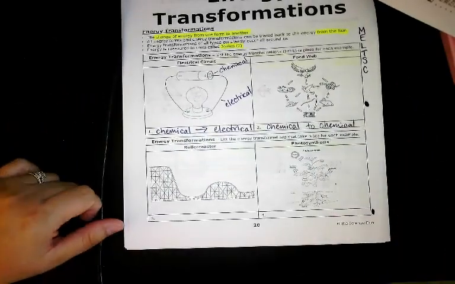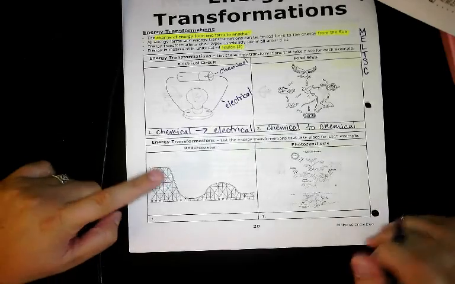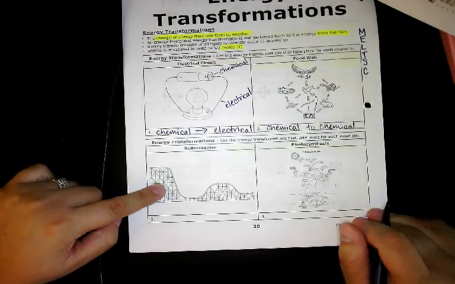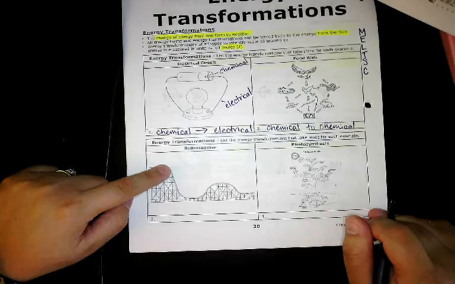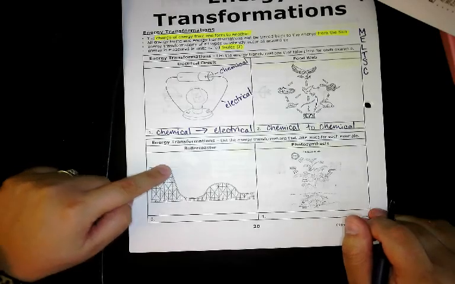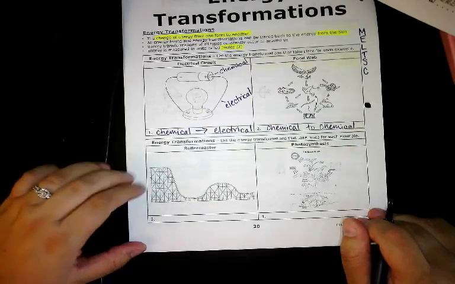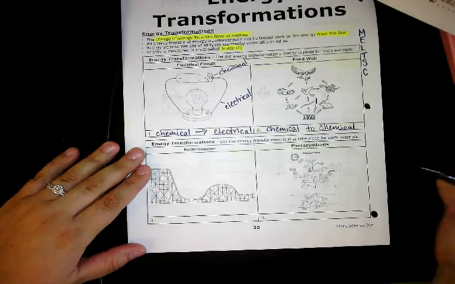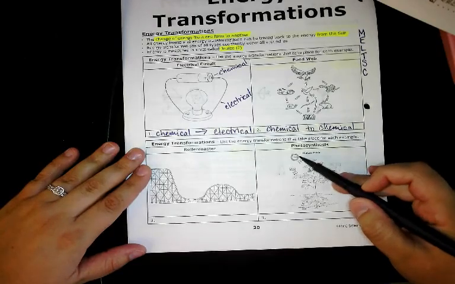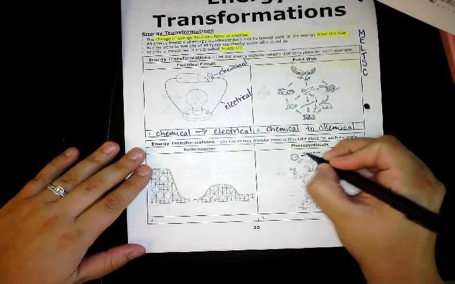Let's talk about the roller coaster. We talked about this with potential and kinetic energy. It has high potential energy at the top, low kinetic, and down at the bottom it has high kinetic and low potential. And photosynthesis as well, the energy coming from the sun, as radiant energy. We'll write on this one.